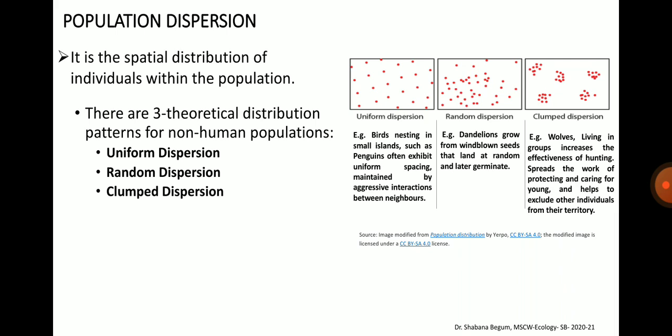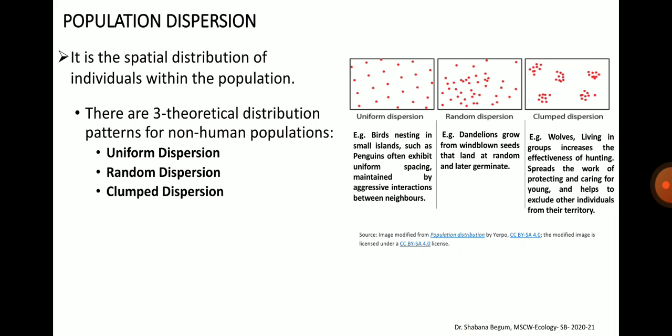The third type of dispersion pattern is called clumped dispersion. It is seen when the individuals are grouped together in one part of the area, with a lot of space between the groups. Such aggregations may result from social aggregations such as family groups, or may be due to certain patches of the environment being more favorable for the population concerned.